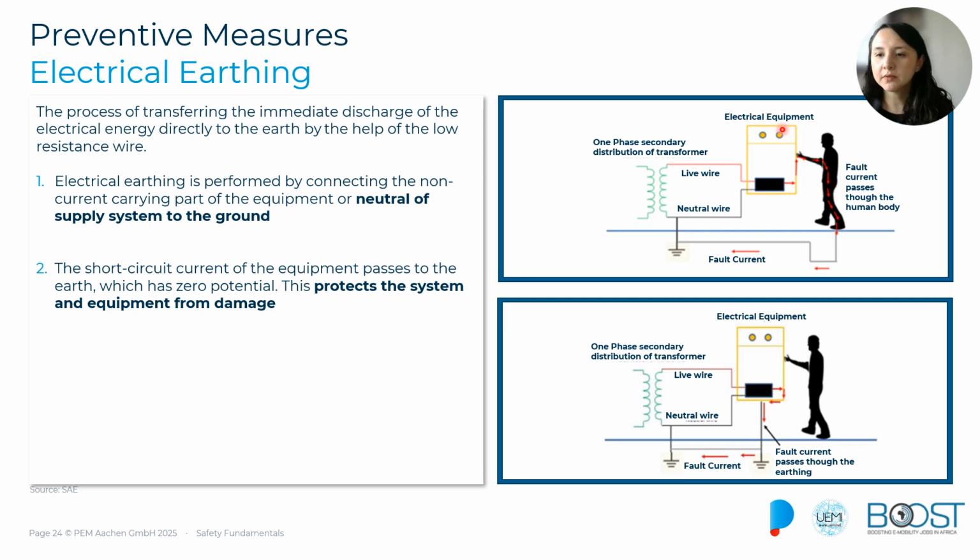If the same person touches the electrical equipment and this equipment already has earthing, a good earth connection, the current will safely flow through the grounding system and will protect the worker at the end.